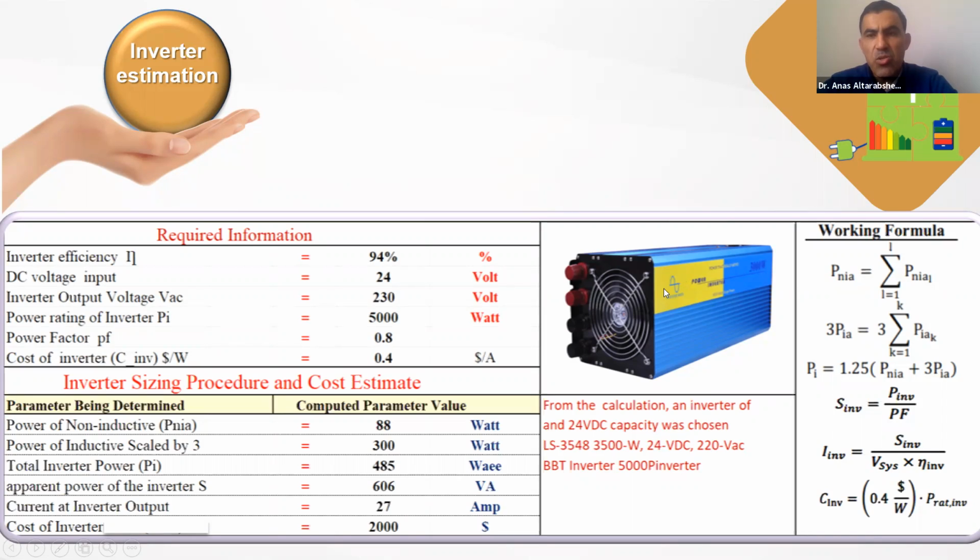The inverter here should generate a pure sine wave signal, such that we don't have harmonics or noise added to the generated current. And also the frequency should match the frequency of the grid. Otherwise, you cannot connect this system to the grid itself.